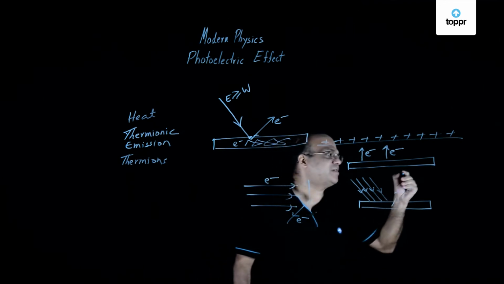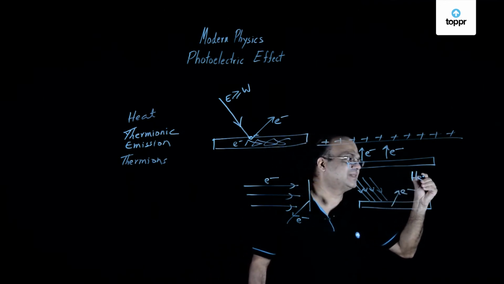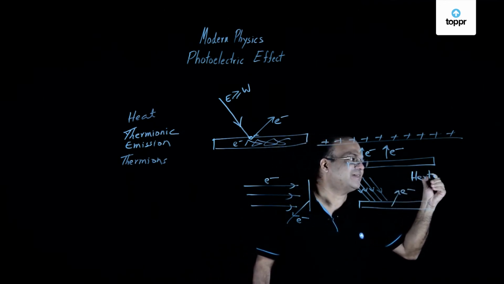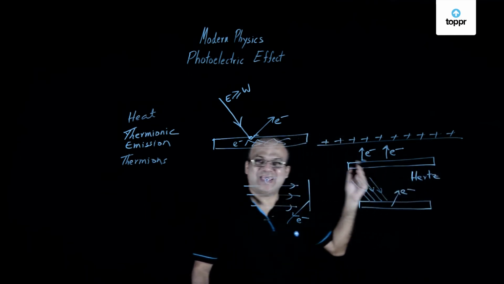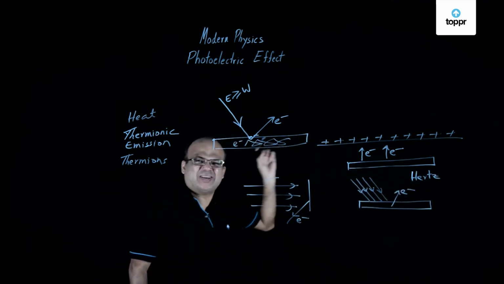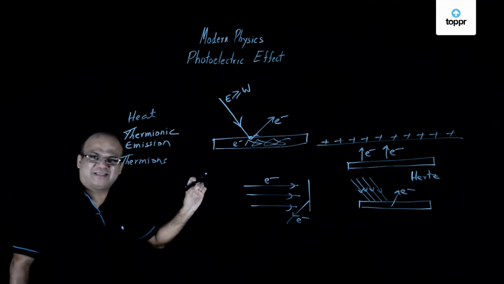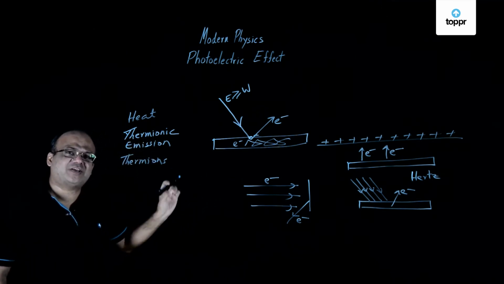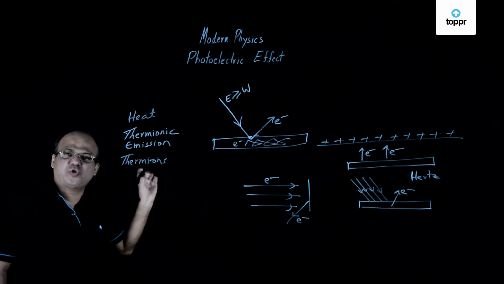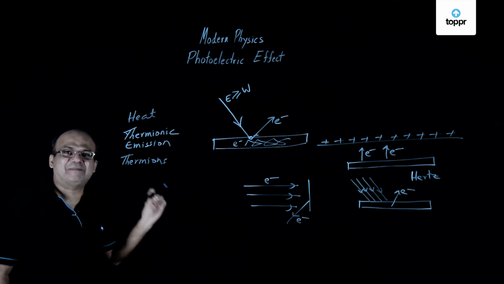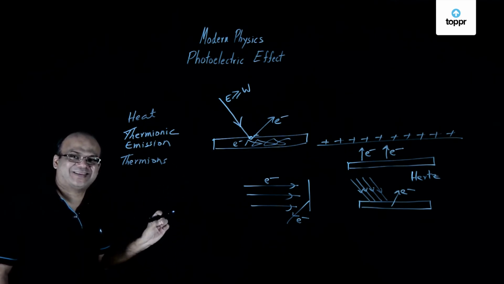This was discovered by Hertz in 1887. He and his students studied this in detail, and whatever observations they made could not be explained by wave theory of light.